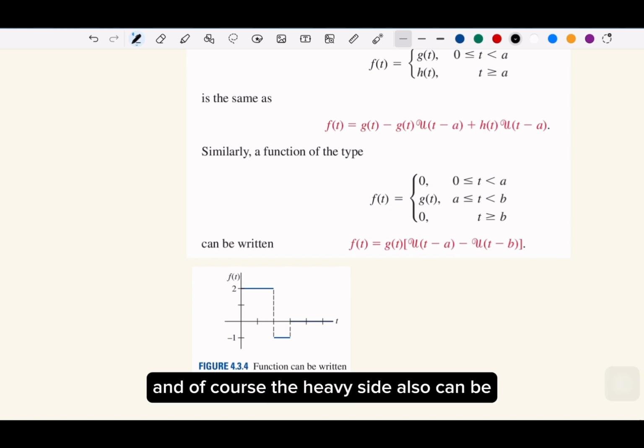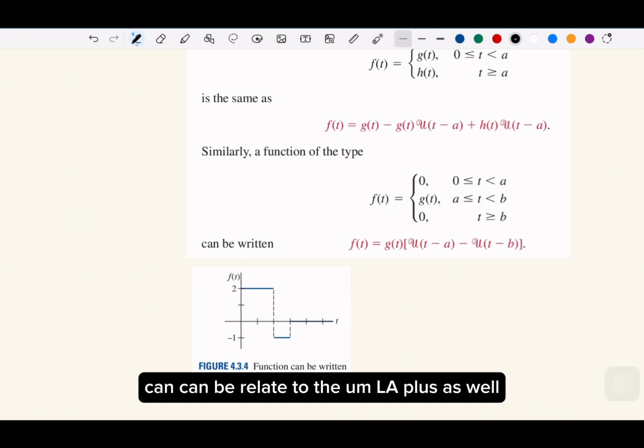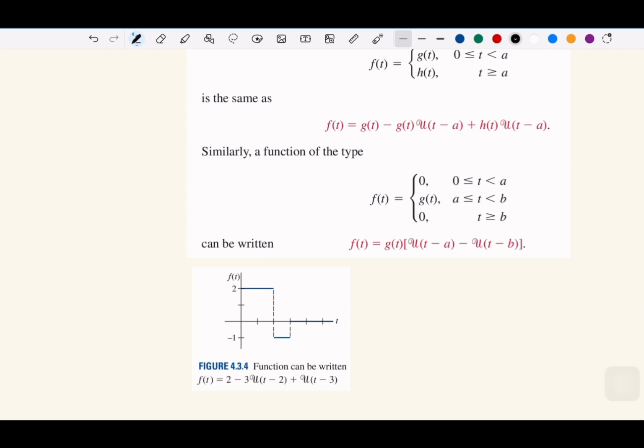And of course, the Heaviside can also be related to the Laplace transform as well.